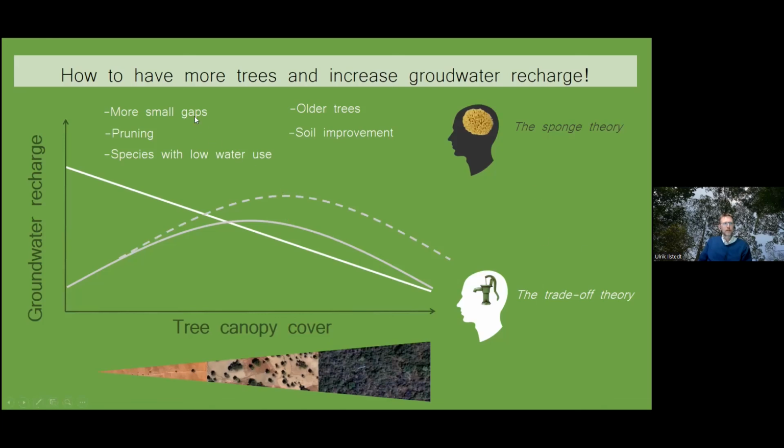So like pruning the trees would reduce the water loss.